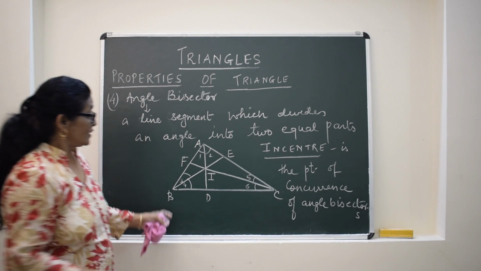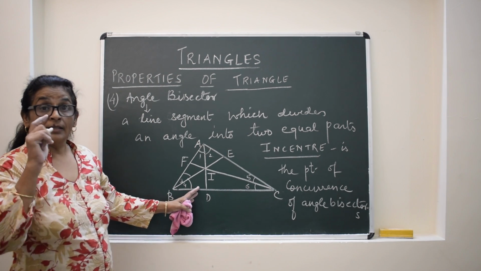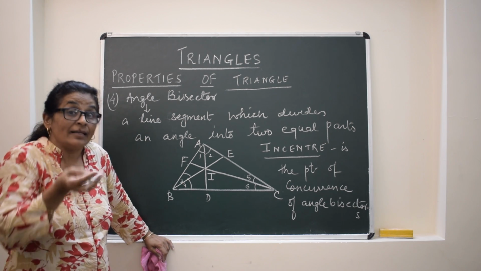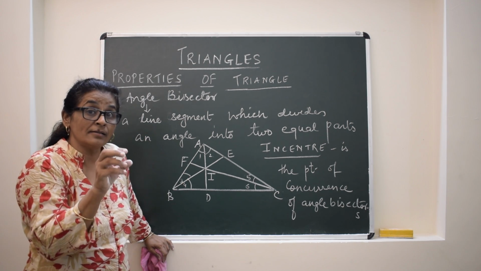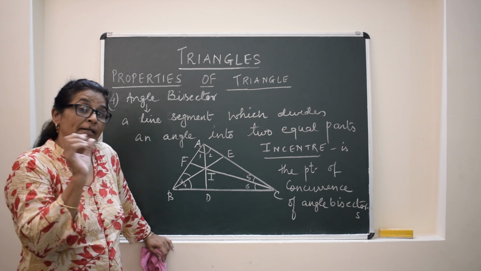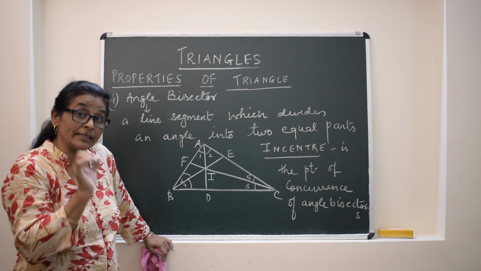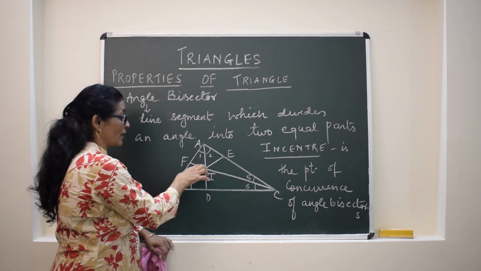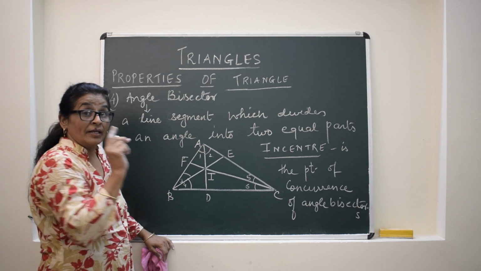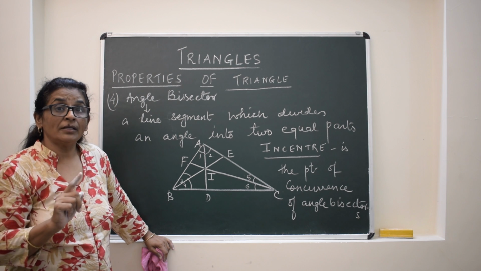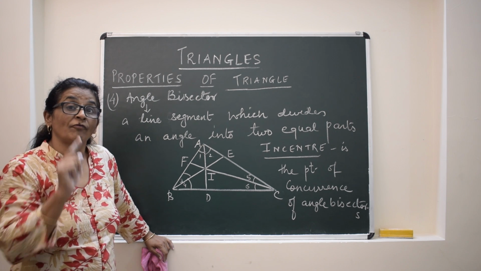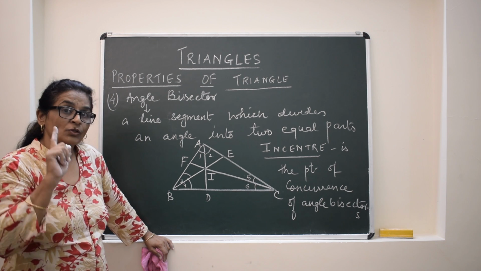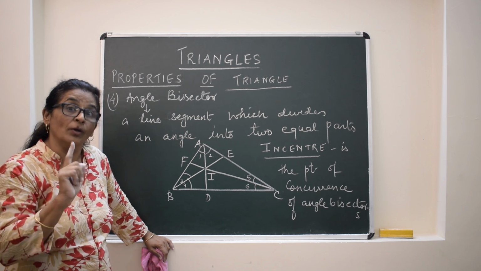Okay. Now this is the incenter, and if we draw a circle, the word in tells us that if we draw a circle by taking I as a center, the radius will not be IA or IB or IC. Here the radius will be the perpendicular dropped from the incenter on the side. So one perpendicular will work.